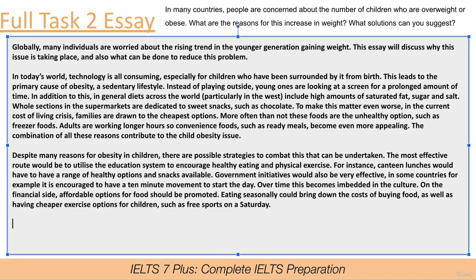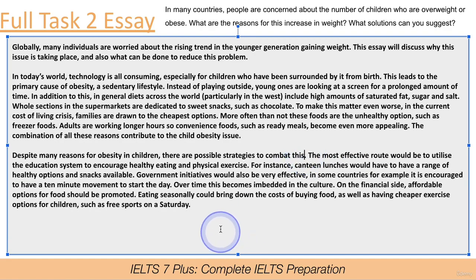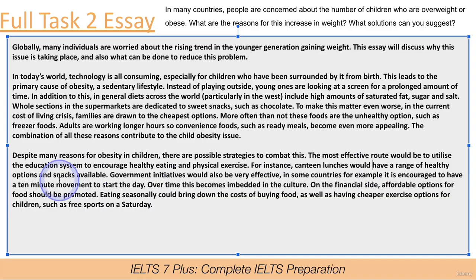Should we read this back and have a think about it? Despite many reasons for obesity in children, there are possible strategies to combat this that can be undertaken. I think that's okay. The most effective route would be to utilise the education system to encourage healthy eating and physical exercise. For example, canteen lunches would have a range of healthy options and snacks available.